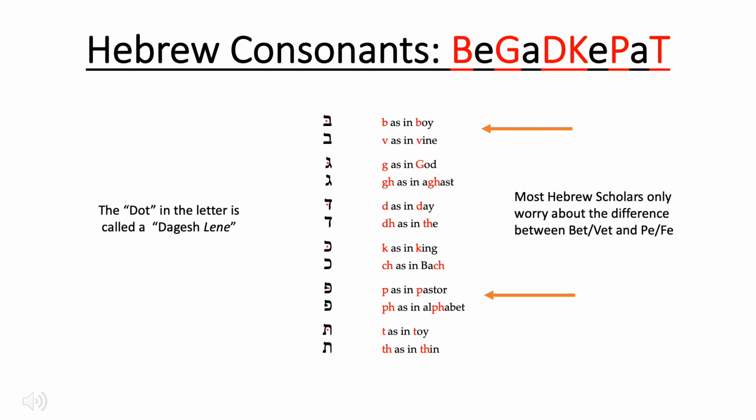You can see the second historical sound listed in the second line of each example here in red. However, most Hebrew scholars today only worry about the different pronunciations for beit and pei, the first and fifth example. The second pronunciation is a V for beit, almost like a vav, and a PH or an F pronunciation for pei.